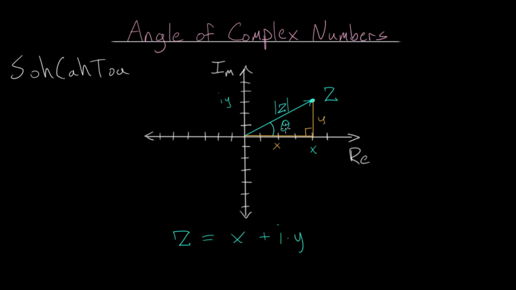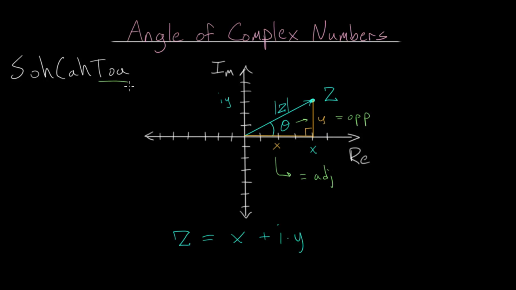So based on this angle, we just need to figure out what y and x are in terms of opposite, adjacent, and hypotenuse. And from there, we can determine which of the three main trig functions we can use. Now, relative to this angle, the y value, the vertical component, is opposite the angle, and the x value, the horizontal component, is next to the angle, so this is the adjacent side.